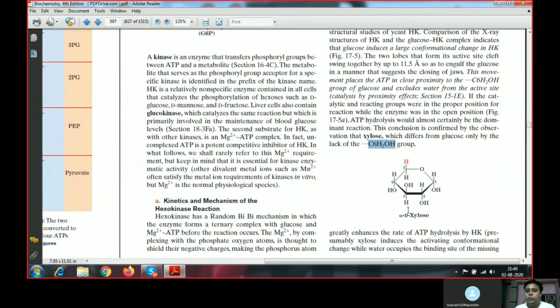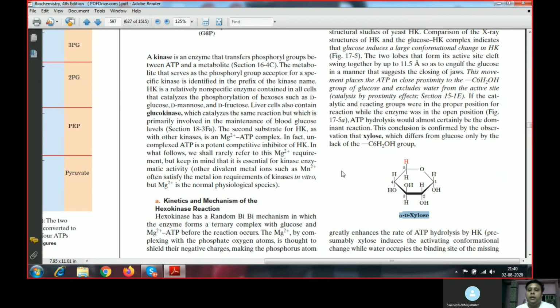In that case, we are providing xylose. It is similar to glucose, except it is a 5 carbon sugar. It lacks the sixth carbon, that is, the C6OH group is not present. If we add xylose, in that case ATP hydrolysis actually occurs. That means ATP is donating its phosphate group to the water molecule, because the C6 carbon is not available.